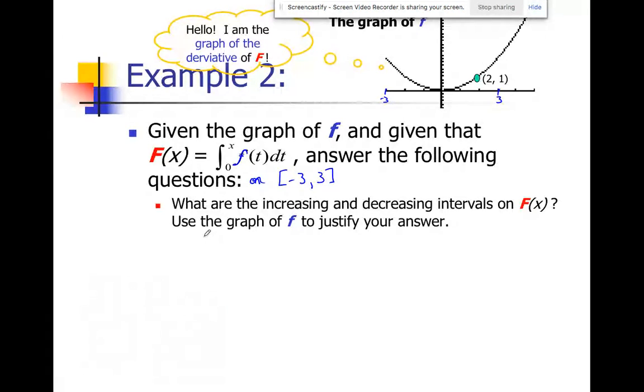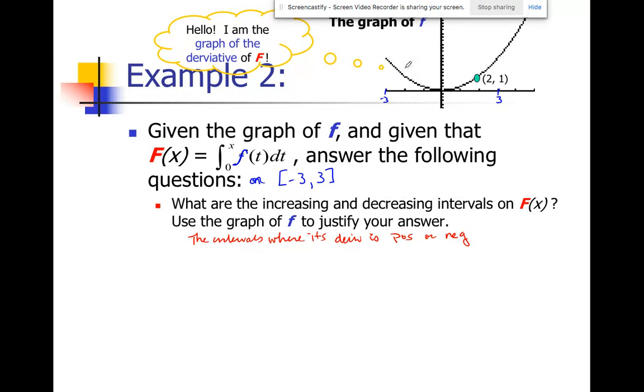Those intervals are the intervals where its derivative is positive and negative, right? When someone's derivative is positive, your graph is increasing. When the derivative is negative, the graph it came from is decreasing.